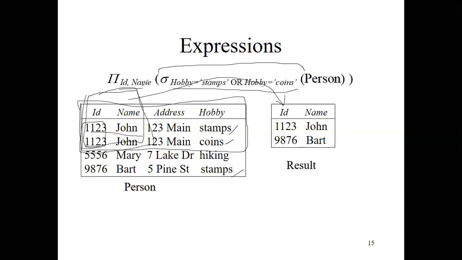The project operator will eliminate the duplicate values. So 1123 John, 1123 John, then 9876 Bart will come. The duplicate 1123 John will be eliminated. These are the two values we get as output. Here stamp is also there, I didn't observe that. Clear?